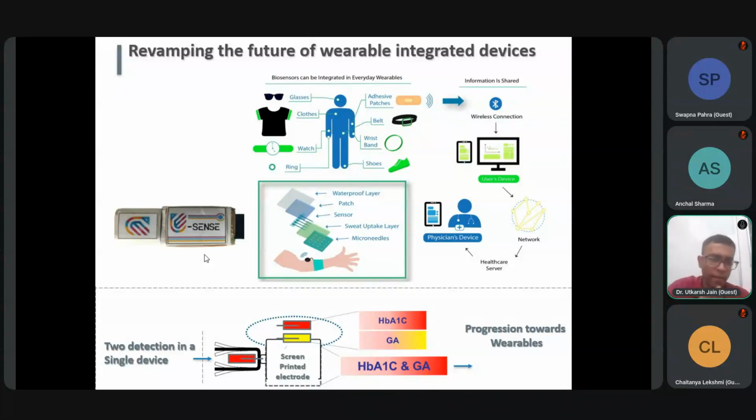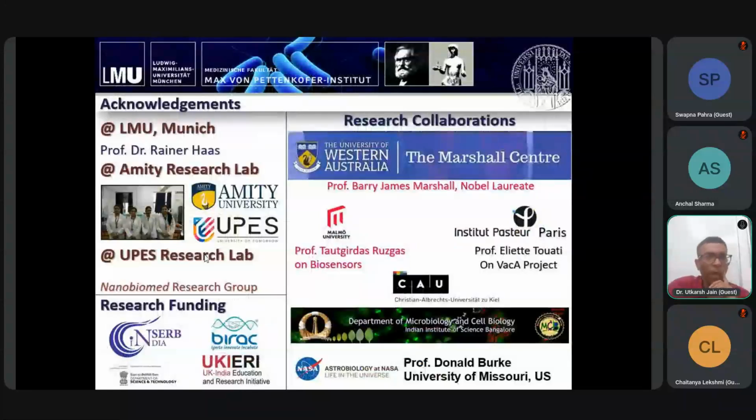So recently we developed a device, uSense, and we are developing certain approaches where we are transforming this uSense device into a wearable sensing device. So that is our future focus where we will be working.